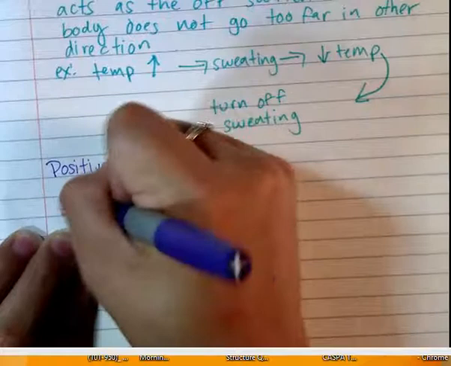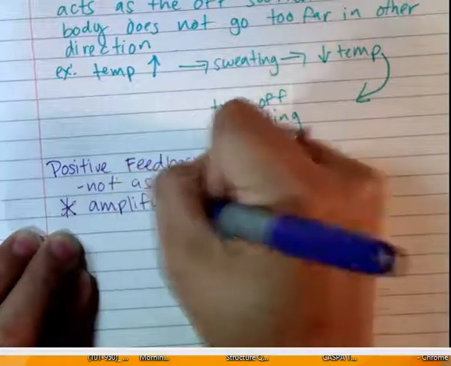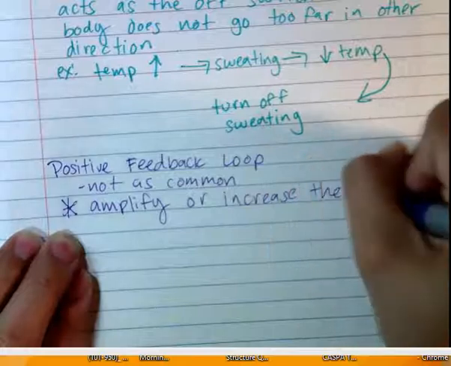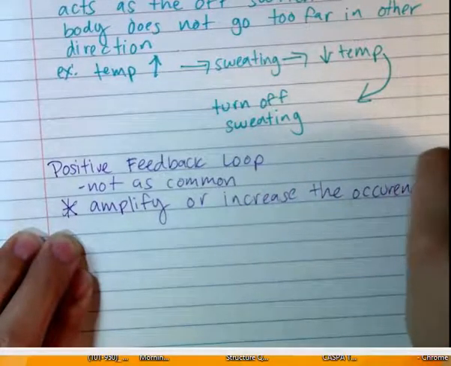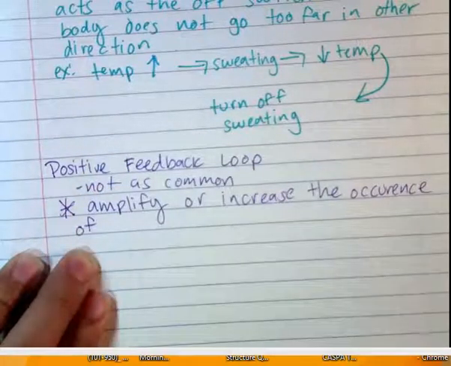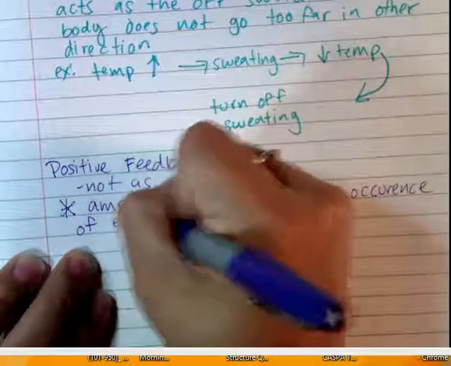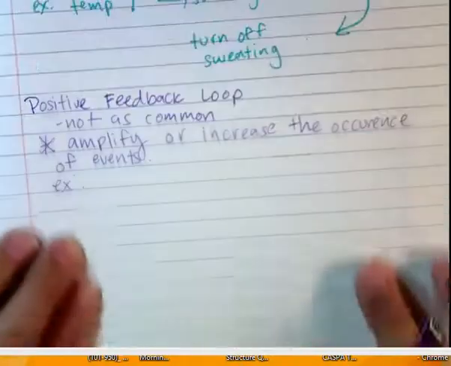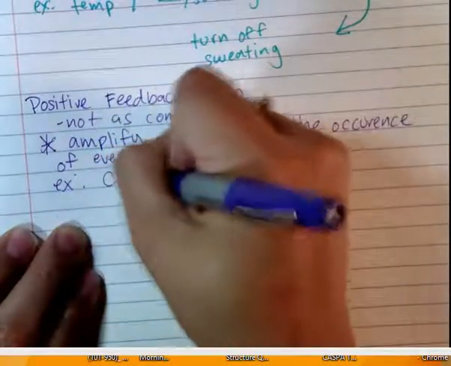This is going to amplify or increase the occurrence of events. One of the most popular examples is going to be childbirth.